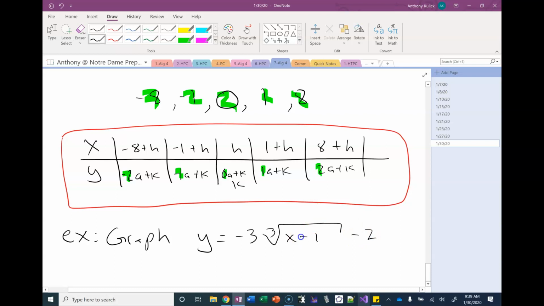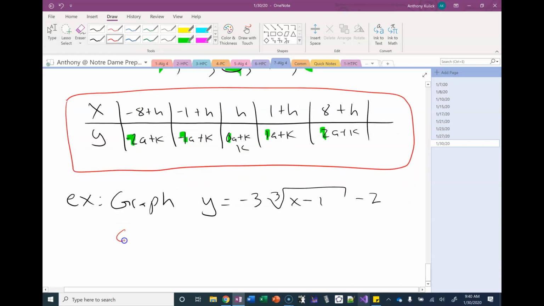So let's do that. Let's say we want to graph y equals -3 times the cube root of x minus 1, minus 2. So just like before, I'll start by identifying my values for a, h, and k. My value for a is -3.